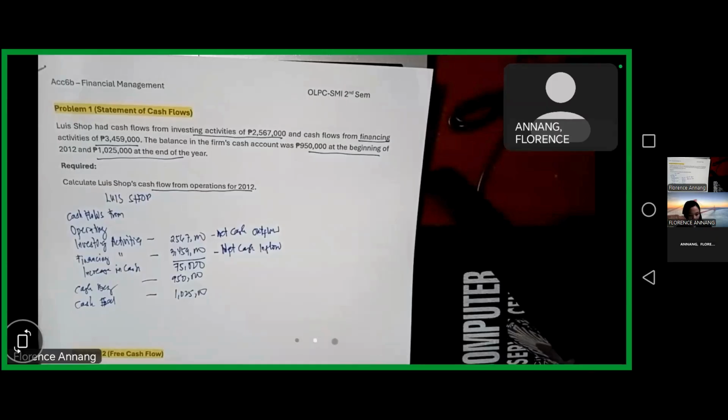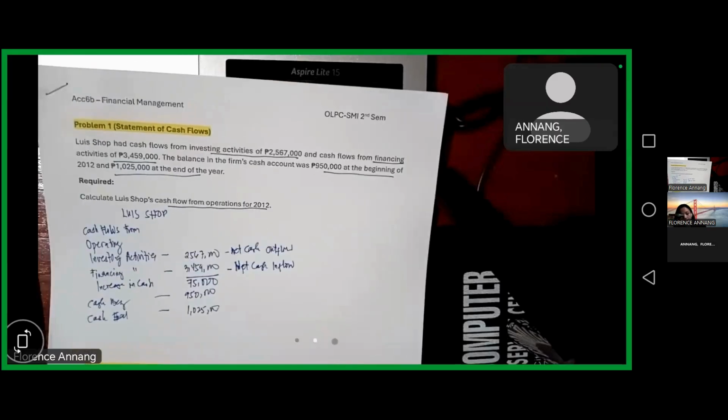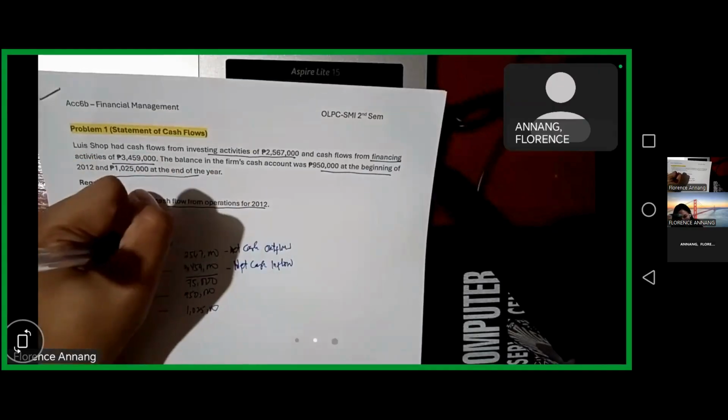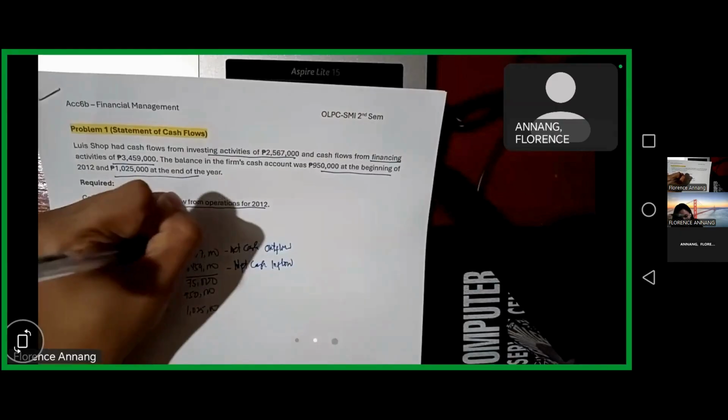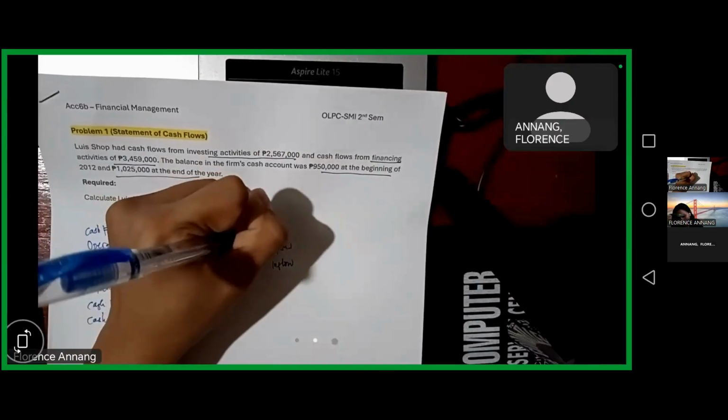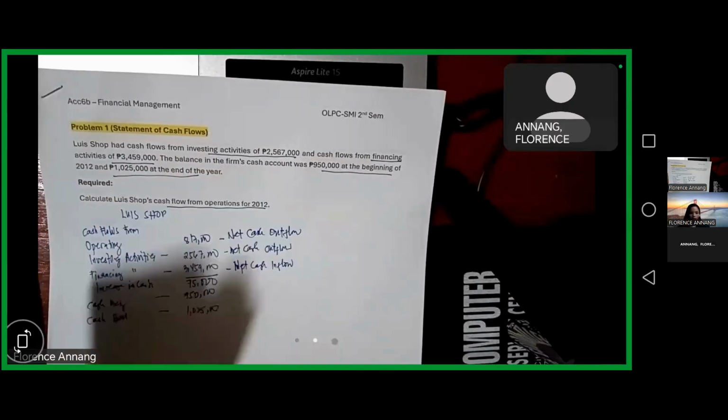Less 3,459,000 plus our net cash outflow in investing activities of 2,567,000. We get a negative 817, meaning net cash outflow for our operating activities. 817,000 net cash outflow. Okay?